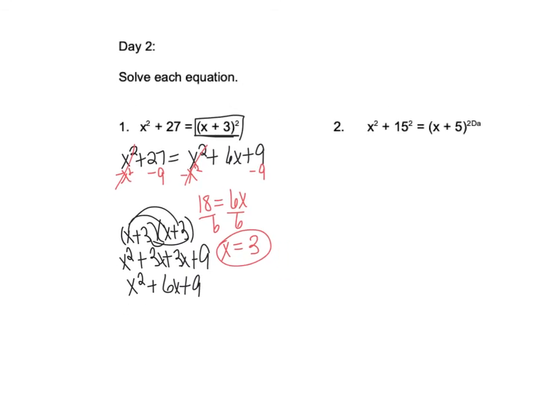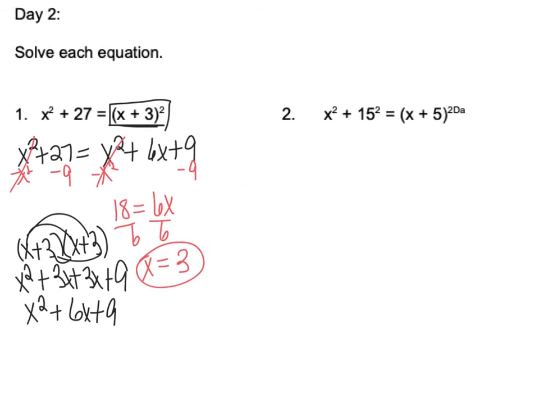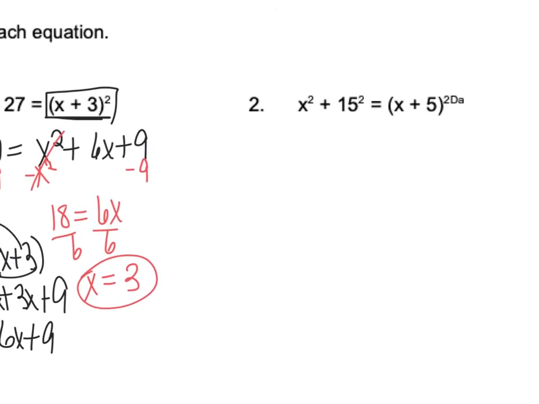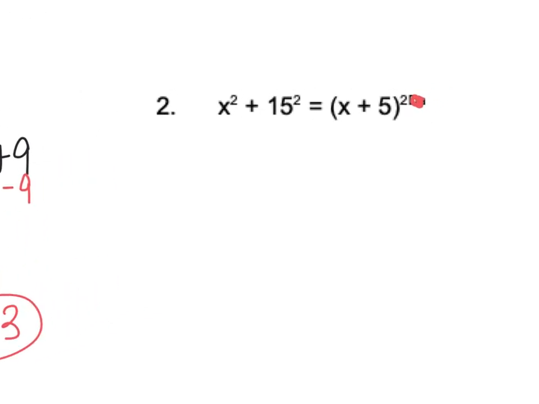All right, this one looks similar. It's a little bit different. I'm not quite sure why it says dA up here. That should not be there. Okay, so again, I have x squared plus 15 squared. Well, I do know that this is just a number. 15 squared is 225. And then x plus 5 squared.